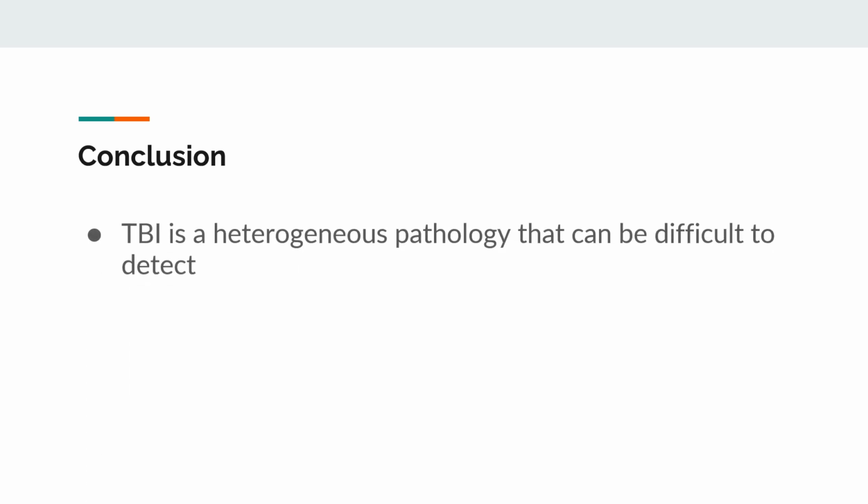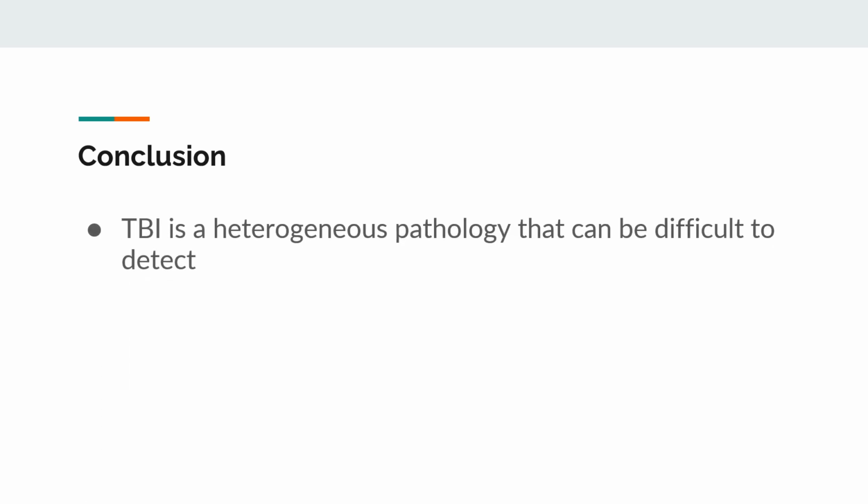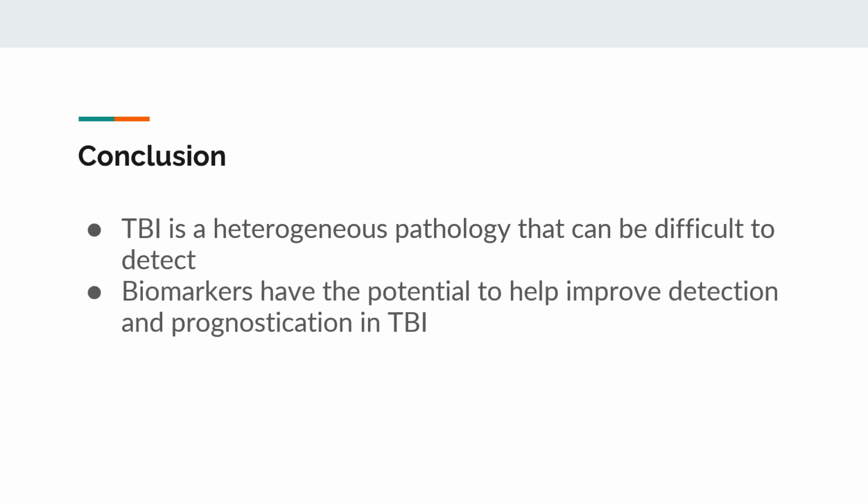And so, what are the takeaway points from where we are in this field and where we're going? First, traumatic brain injury is a heterogeneous pathology that is very difficult to detect sometimes. Biomarkers have the potential to help improve that detection and prognostication for traumatic brain injury.